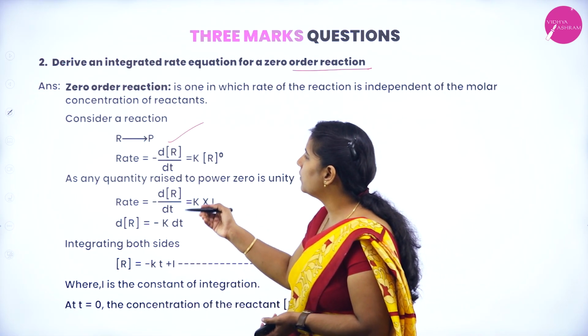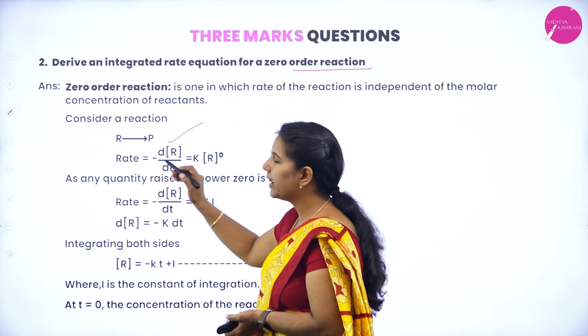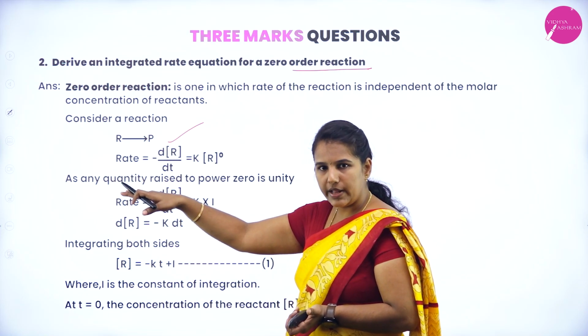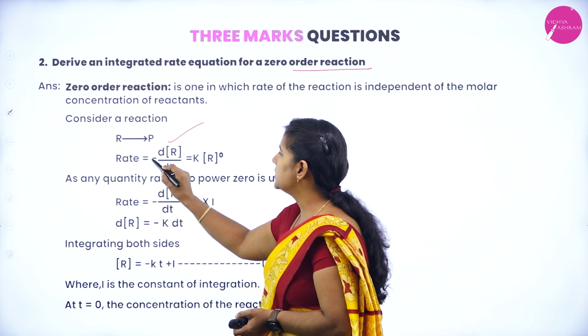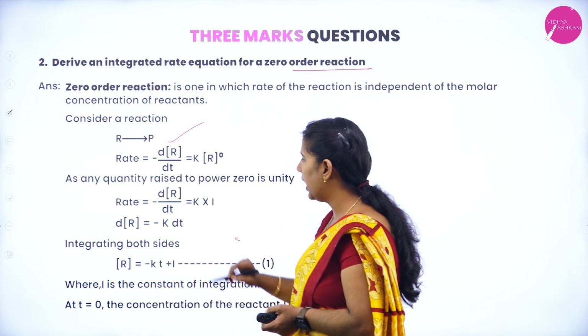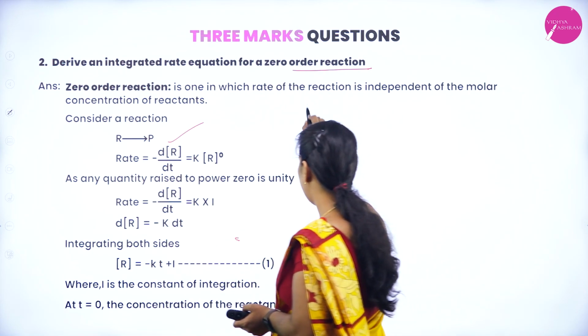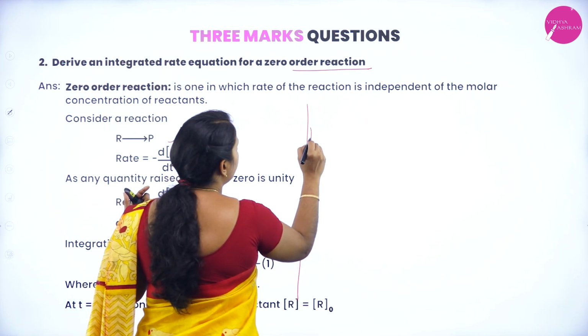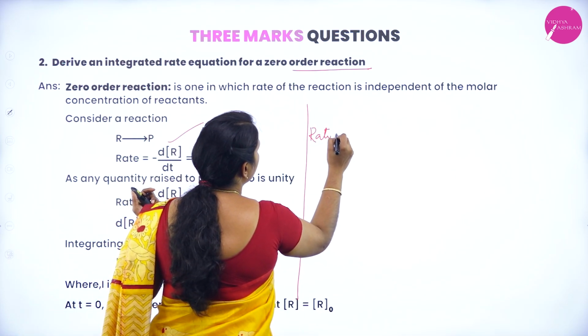If I write the rate equation again, the concentration of the reactant is going to decrease during the formation of the product, so it should be mentioned with a minus sign. So rate is equal to minus d[R] divided by dt is equal to k into [R]0. Now, the same thing as I derived in the first order: I'll write the rate equation first.